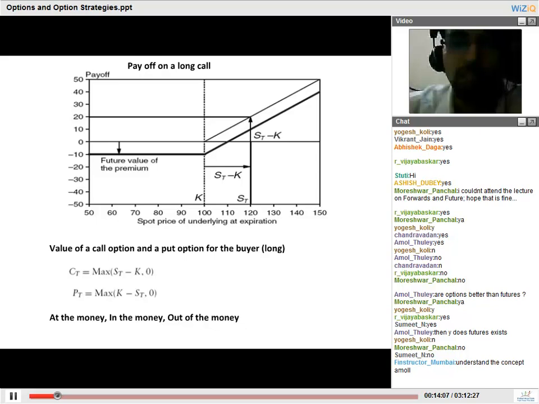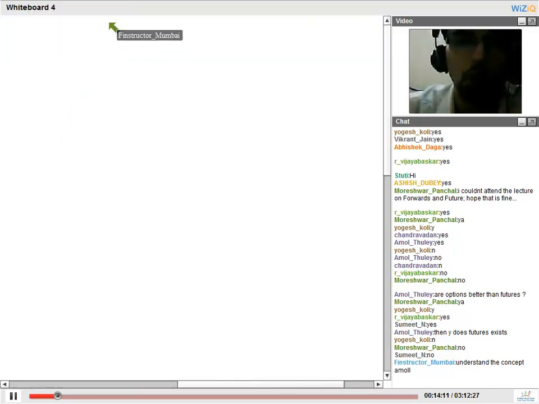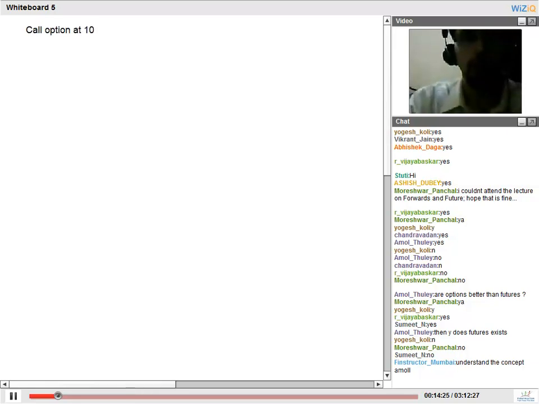Now let's try to understand the payoff diagram of a long call position. Let's look at the same example. I'll change the price now from 1,000 to 100 for the sake of simplicity. So I have a call option at 100 rupees. Premium is 10 rupees.